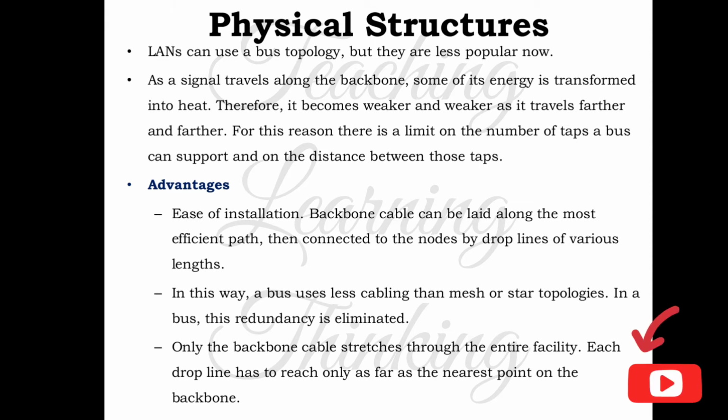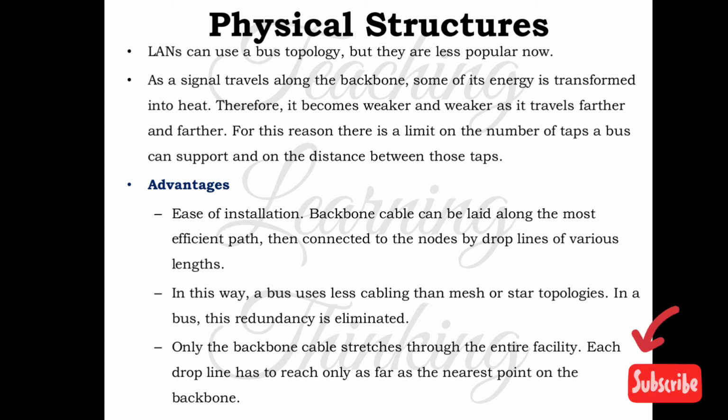LANs can use a bus topology, but they are less popular now. So local area networks use bus topology. As a signal travels along the backbone, so there is a cable that's the backbone of the bus topology, some of its energy is transformed into heat. So there is a transformation of energy to heat. Therefore it becomes weaker and weaker as it travels farther and farther.